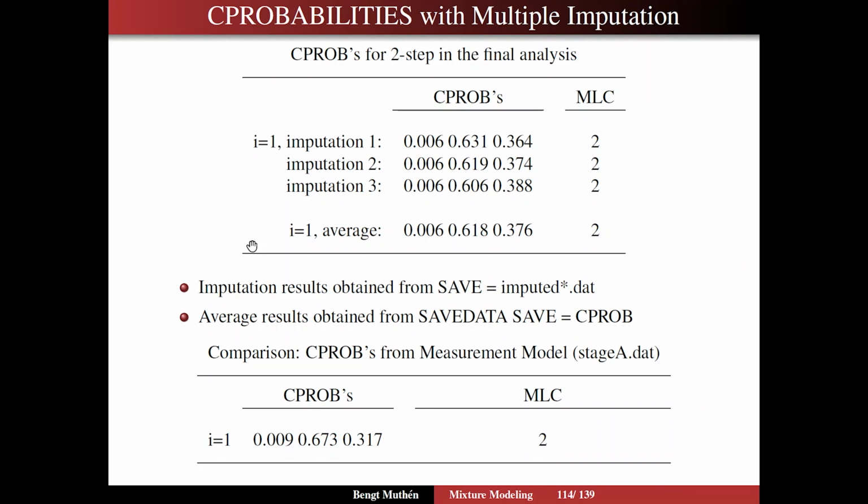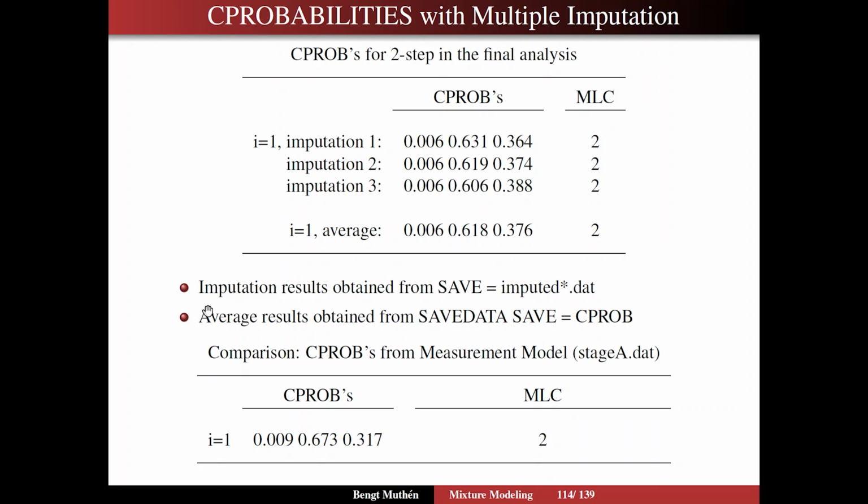And then we also can get an average for individual 1 across imputations, which is given here. So that's the average of those. And just to orient you, the imputation results here, the first 3 rows, are obtained from the save equals imputed star asterisk .dat.